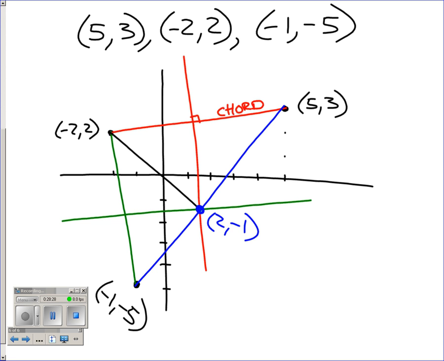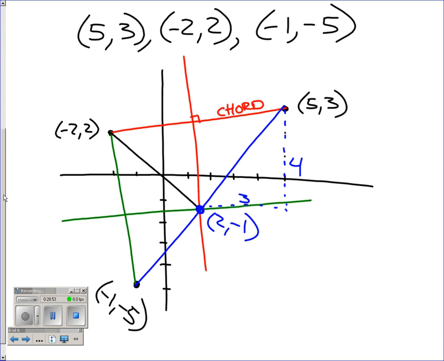And then once you want to get the radius, well, you would just go from 2, negative 1, count up to one of the points, and find out what the side lengths are. Well, that's a 3 from 2 to 5. It's a 4 going up from negative 1 to 3.